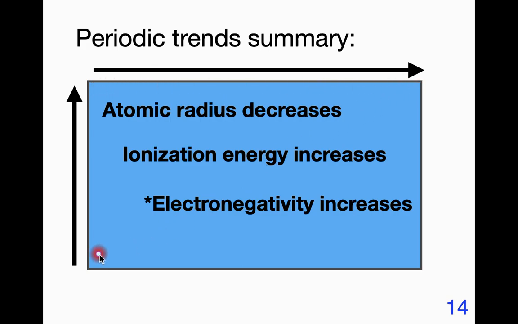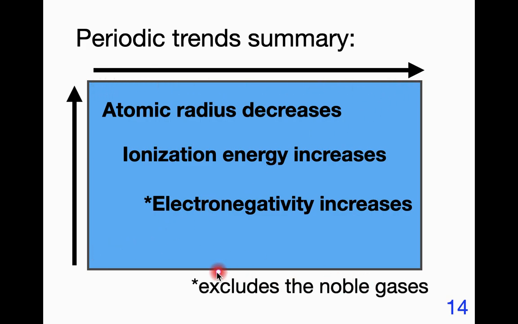A simpler way of doing it is just going diagonally as we go across, from the lower left to the upper right. And yes, for electronegativity, we want to make note that it excludes noble gases. So as we're going across a period, the electronegativity value increases, but we don't go into the noble gases. Okay, that is it. That is the end of notes.